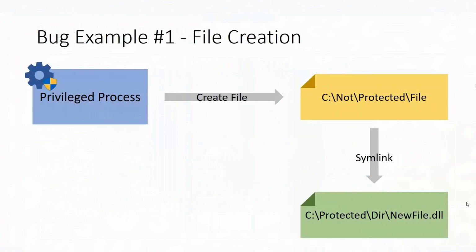Now, the first bug is creating a file in a protected directory without having the rights to do so. If we find privileged code that does a create file operation inside an unprotected path, which is, as I said before, a path where anyone can create files, we can create a mount point with a symbolic link, and the service will reparse the create file operation, and we can achieve arbitrary file creation in arbitrary locations.